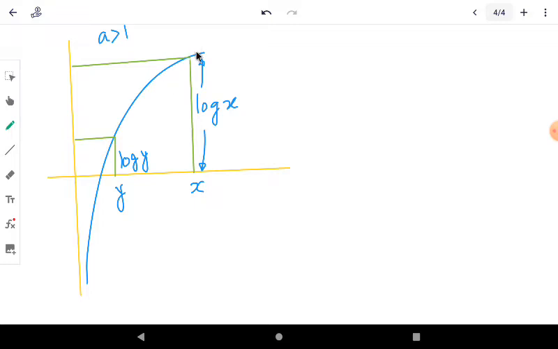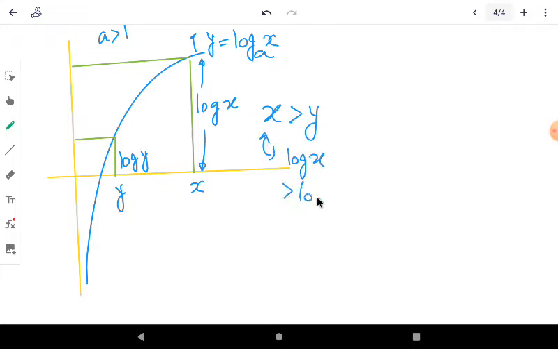This is the graph of what? This is y is equal to log x base a function where a is greater than 1. So as you can see clearly, if x is greater than y, log x is greater than log y. Similarly, if log x is greater than log y, we will get x greater than y. So that's how it came, guys.